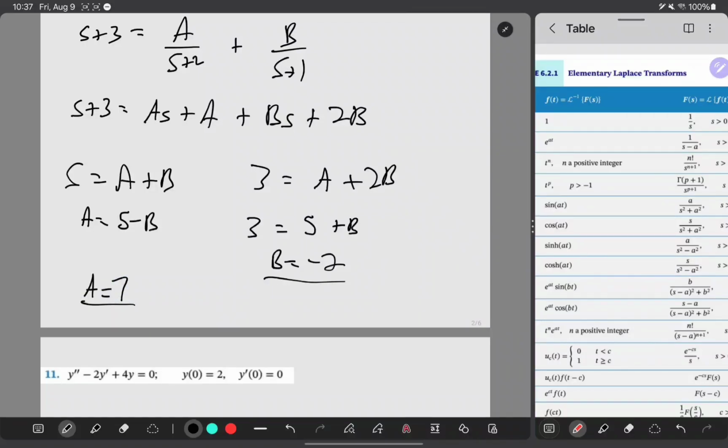Let me check that. B is 2. Oh, positive 2. Is it though? Yeah, I did it wrong. Wait.